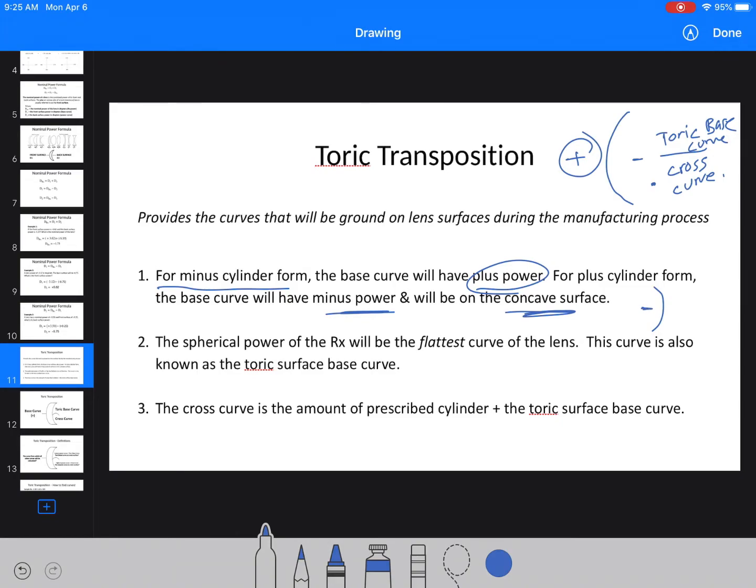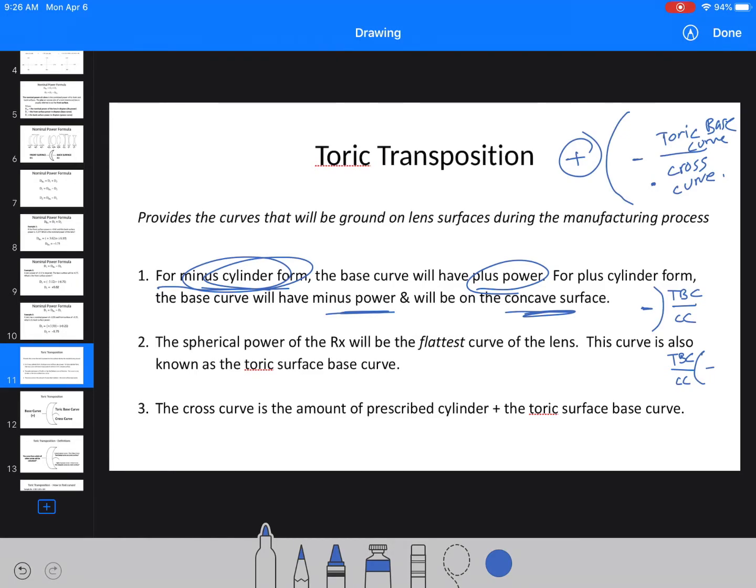So the base curve would be there, and then you would have your toric base curve and cross curve. And I believe you can put on either side too. Could also look like that. Okay. So again, we're going to be doing minus cylinder form most of the time here.